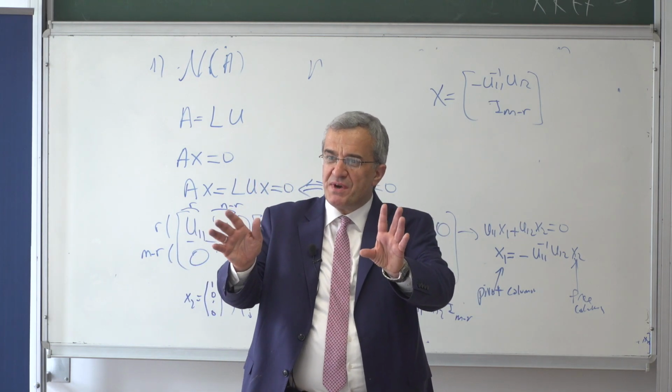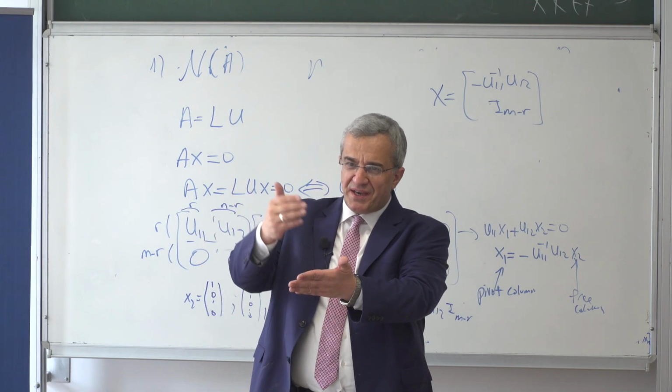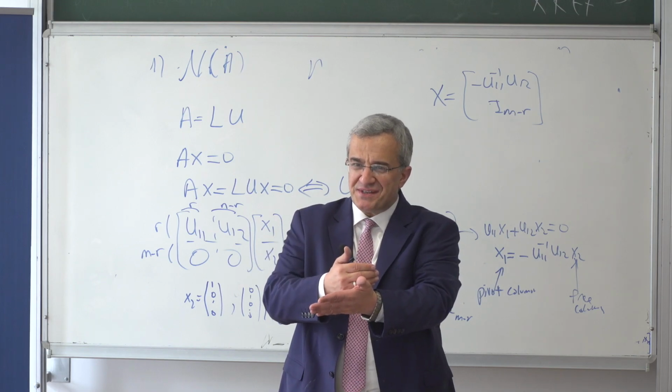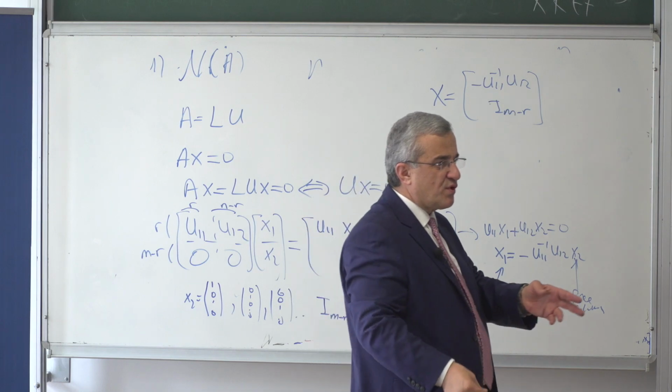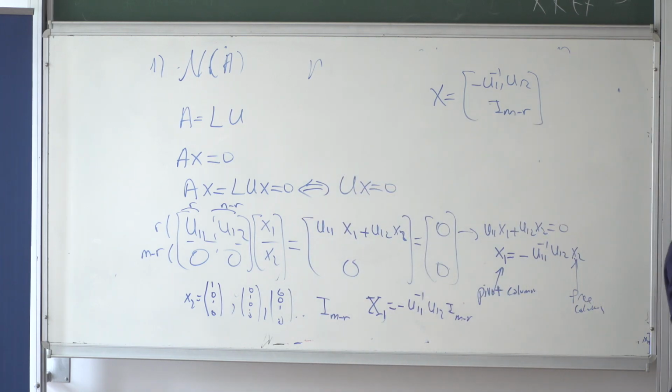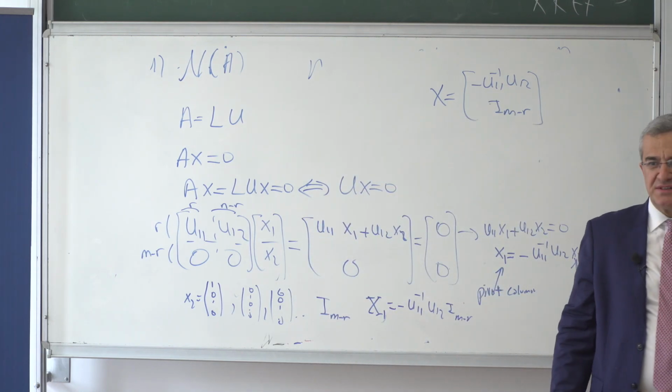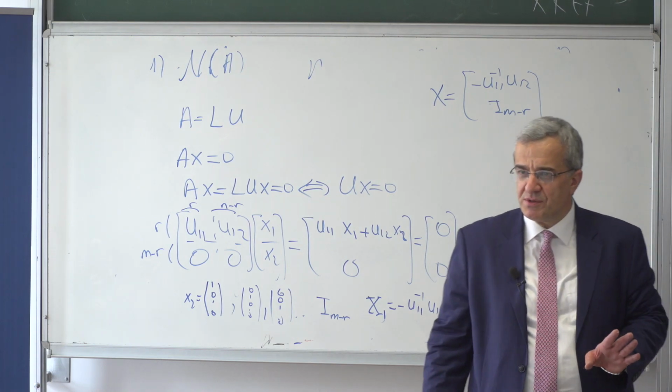Going forward, it got messy. But when we were going backward, it never got messy. You just had those multipliers that you obtained during your forward elimination. Just come and put them here. That's it. It was so simple, okay?